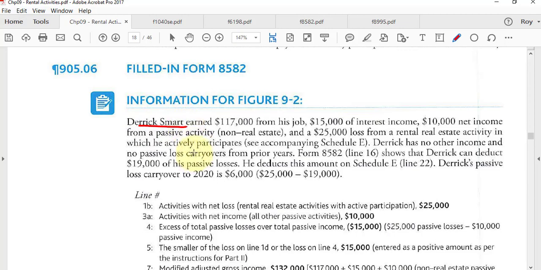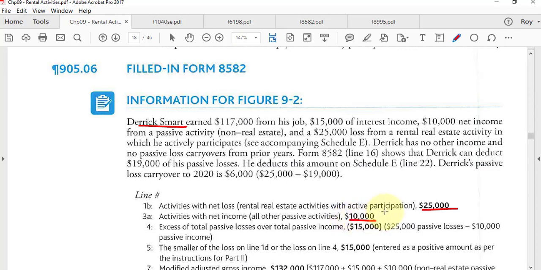We're given information about their losses. Just coincidentally, their rental real estate loss is that limit of 25. They should have used another number in the example so as not to confuse us, but we'll see not all of this will be deductible. And they have some other passive activities generating a profit of 10,000.